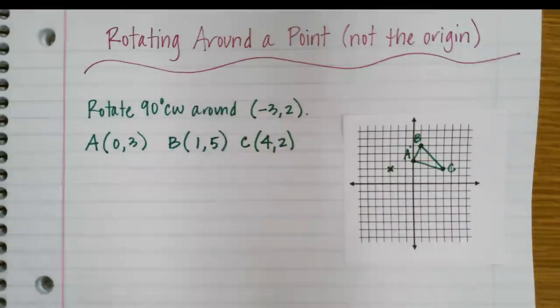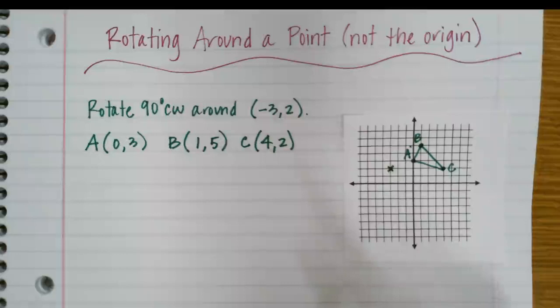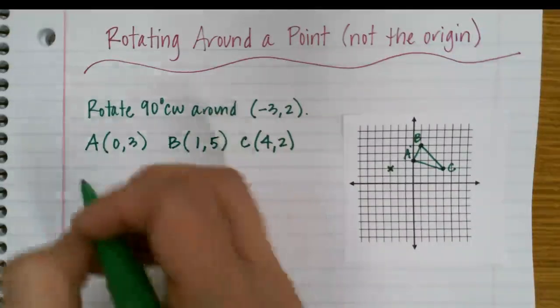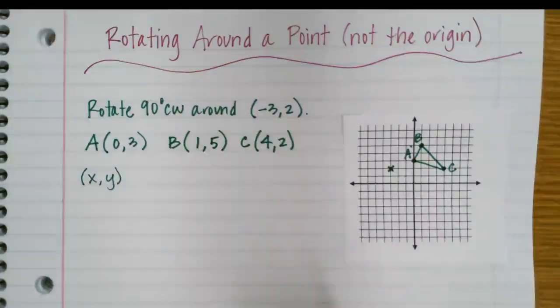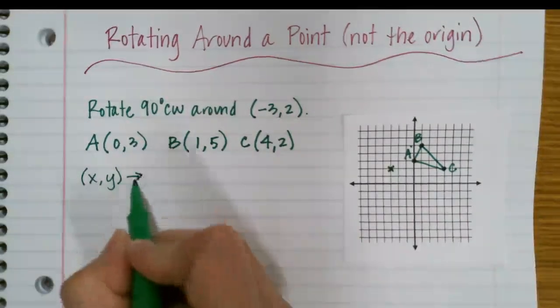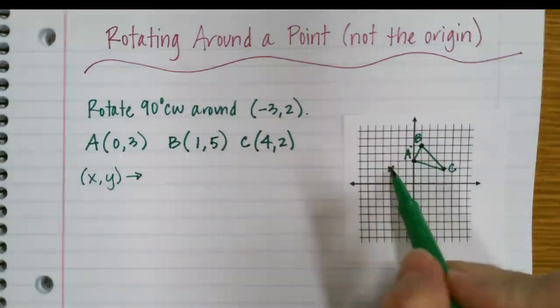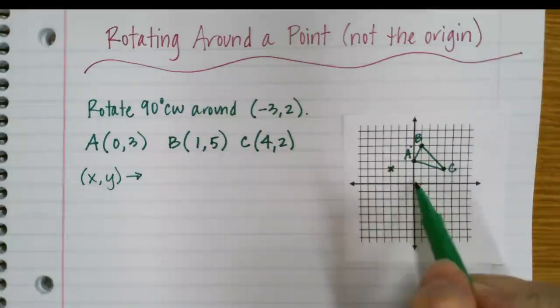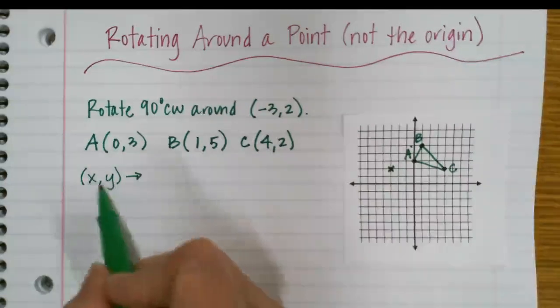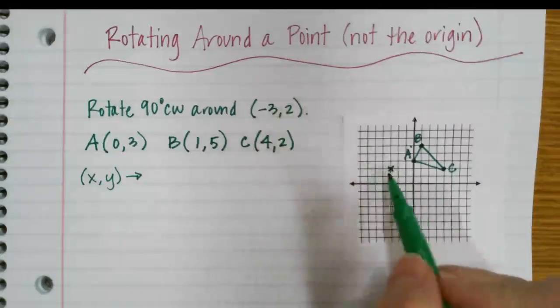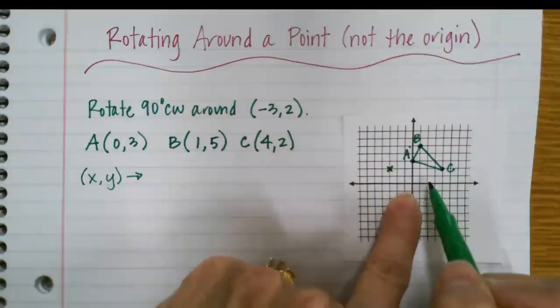So first thing that we're going to do, if we want to do this algebraically speaking, I am going to start with my point, x, y, and I need to translate this over to the origin. So basically I need to subtract from this the ordered pair, so that I can get back to the origin.